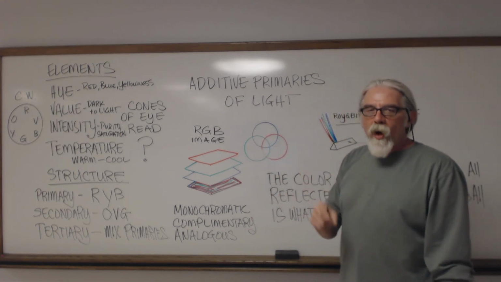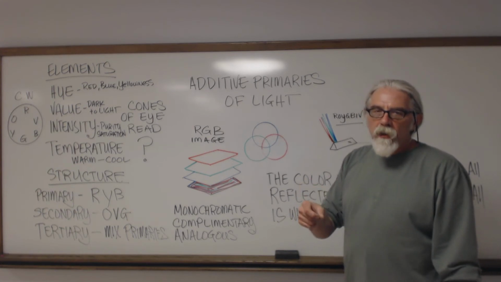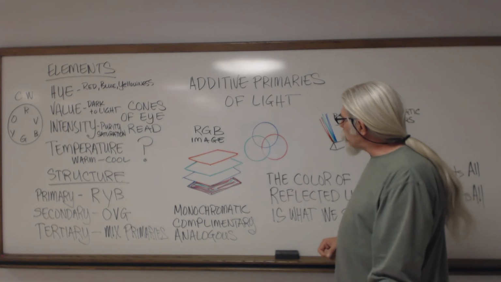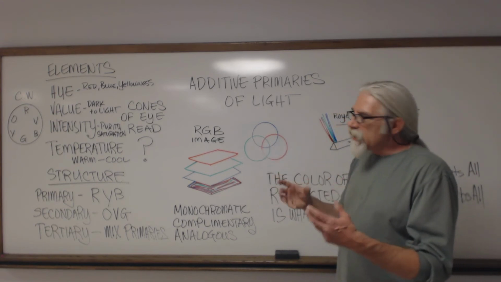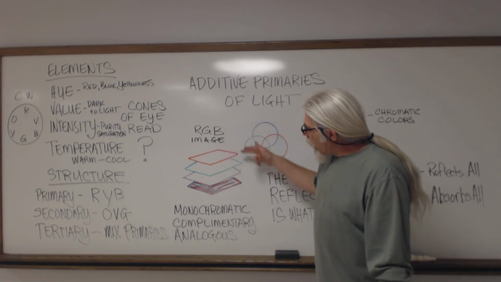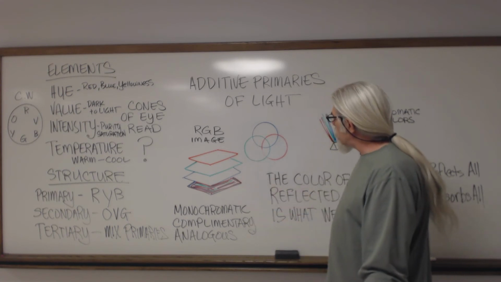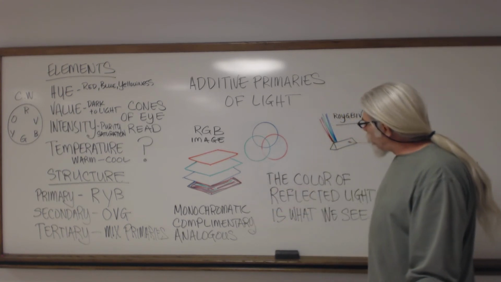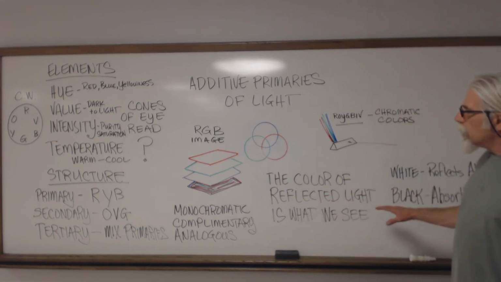And this is the white balancing process that we go through in our camera. Color balancing, color correction is coming up with that pure white light. Now our CCD captures the image in red, green, blue layers and creates an RGB image by bringing those layers together. Now, of course, the color of reflected light is what we see.